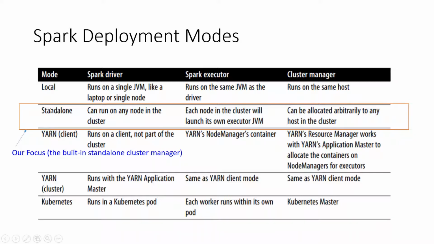But our focus will be on standalone. However, there's no impact on the learning of Spark. Whether you use standalone, local, or any other cluster, the driver program will be almost the same.